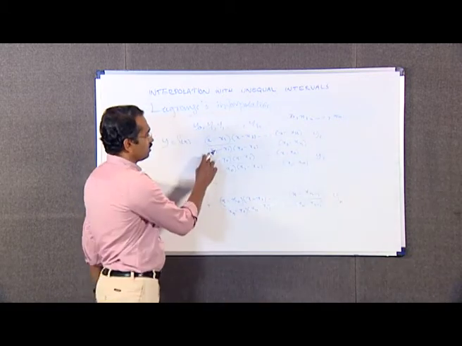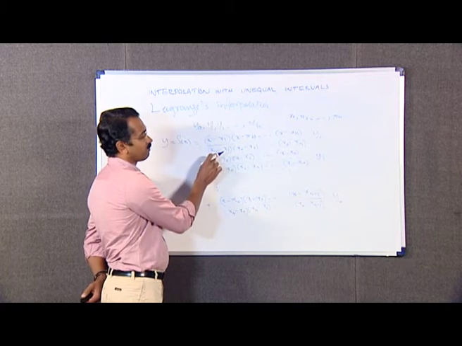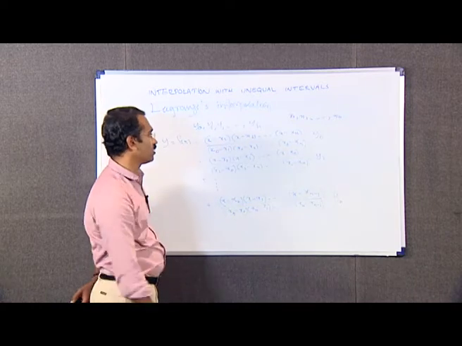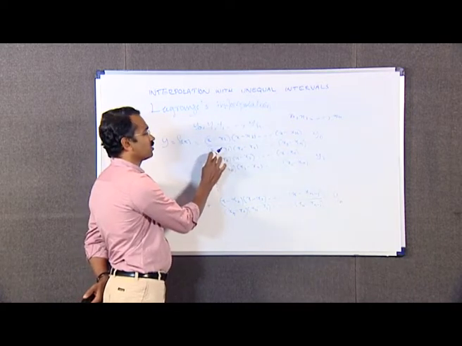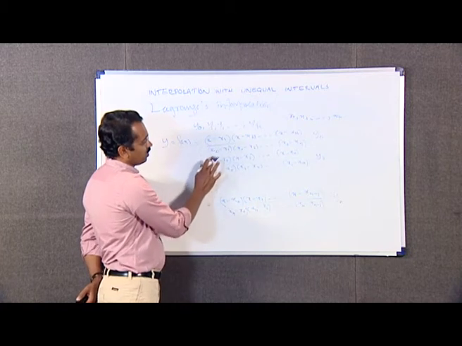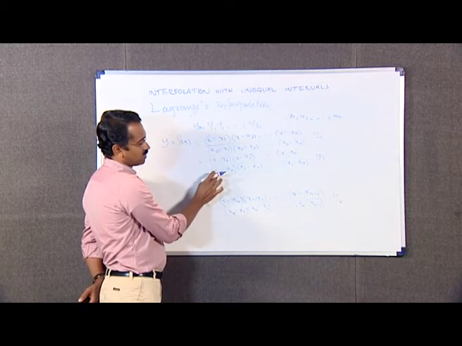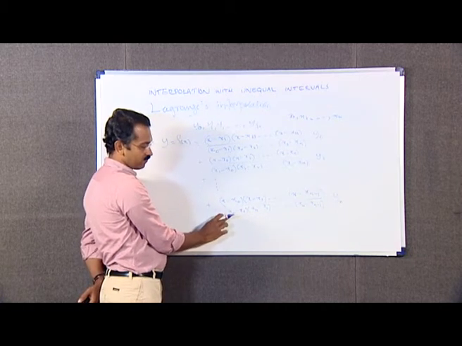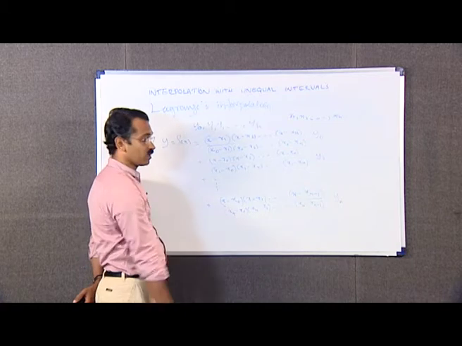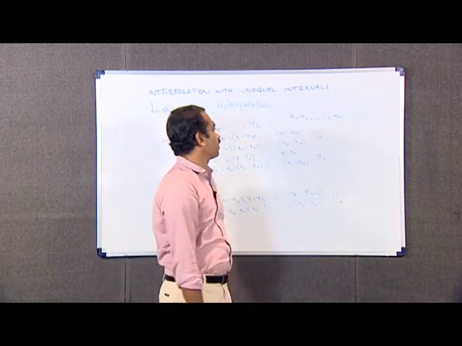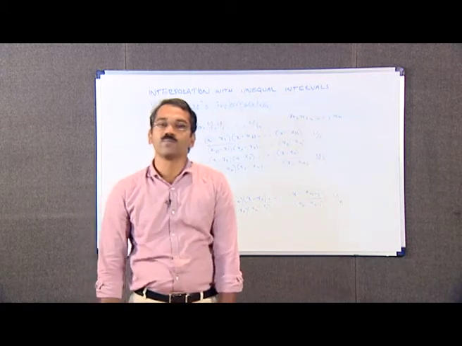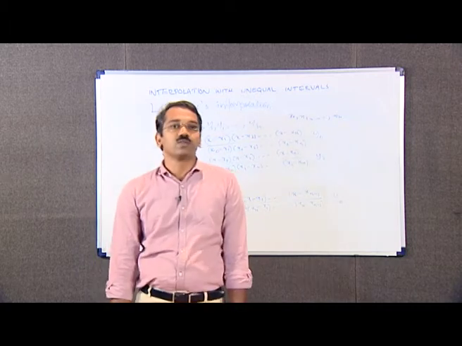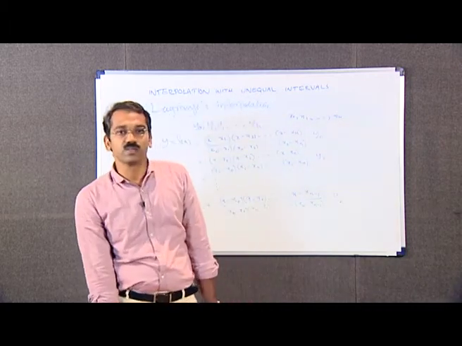In the denominator, in the first term we subtract from x naught, x naught minus x naught is 0, therefore it is not contained here. In the second term the subtraction is from x one, and in the general term, the denominator, the subtraction is from x n. This is the Lagrange's interpolation formula. We can interpolate using this Lagrange's formula. This is a general interpolation formula.